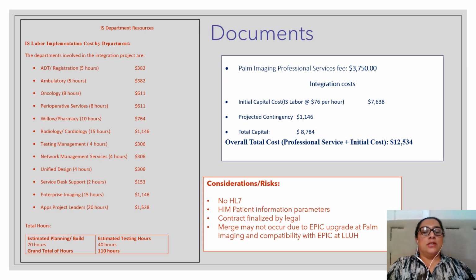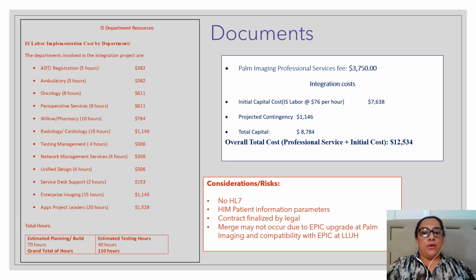And each department has a breakdown of how many hours potentially are needed to work on their part of the project. Palm Imaging also has a professional service fee for their end to merge and link the information, images from their end to Sachs Clinic, and that totals about $3,750.